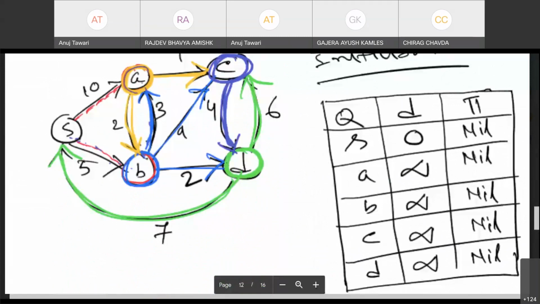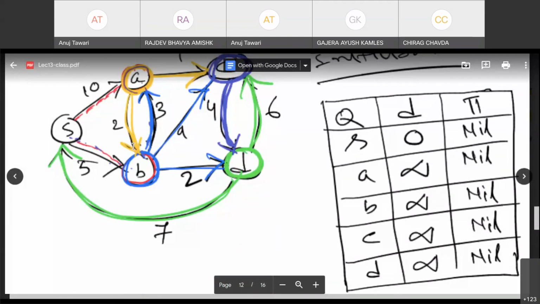So this is slightly different, and in fact, the idea which was mentioned doesn't quite work out. There might be some case that we start with the minimum weightage, edge weight 5.